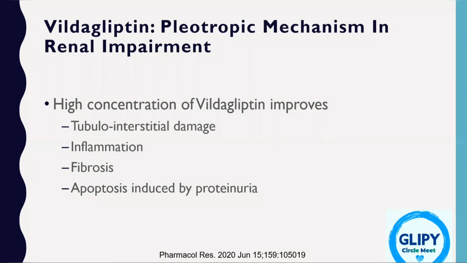So maybe, apart from control of sugar and helping that way in retarding progression of renal disease, they may be directly useful as a drug effect, or I would say a class effect maybe, that they may help in retarding the progression of renal disease.